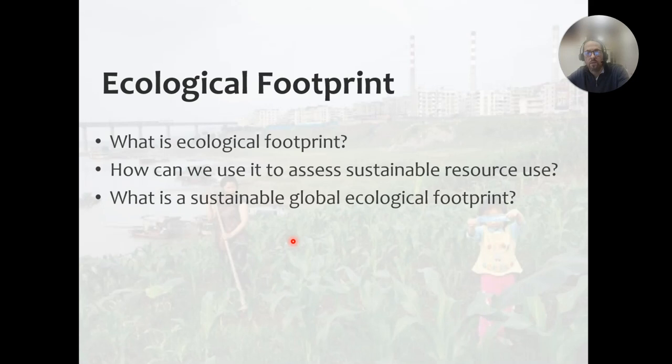I want to leave you with one other thought. Remember that ecological footprint is a cumulative, combined metric. We're looking at land needed for food, land needed for wood and other natural resources, cropland, land for water, and land for absorbing our carbon footprint, and so on. We're combining all those into one.